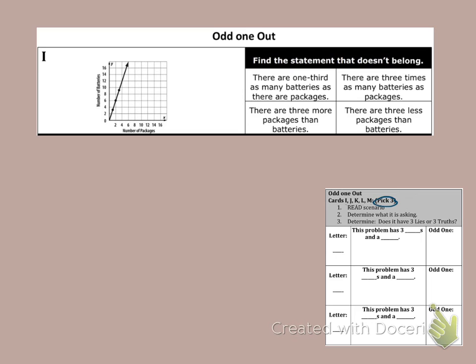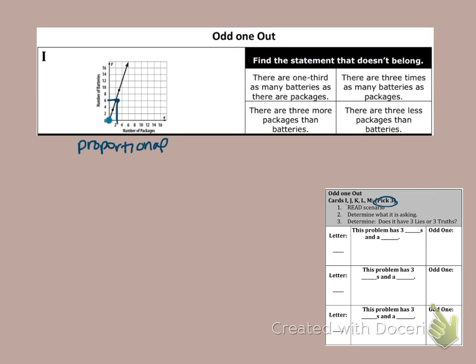So if you look here, this graph goes through the origin, which makes it proportional. Okay. For 2 packages, that's that dot right here.